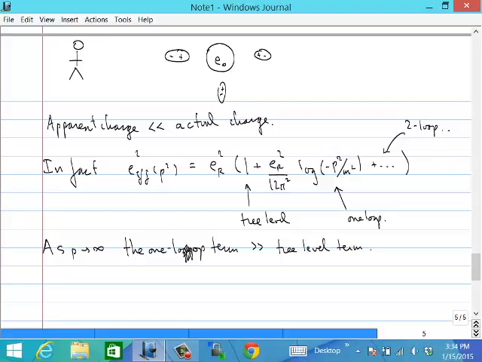The only reason why we trusted this Feynman diagram expansion in the first place is that we assumed that the electric parameter E was very small. But what we see here is that at sufficiently large values of P, the one loop term is going to be bigger than the tree level term. And in fact, the 2-loop term will then be bigger than the 1-loop term, the 3-loop term bigger than the 2-loop term, and so on and so forth. And so that means that perturbation theory is breaking down.